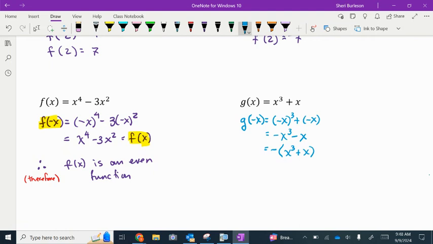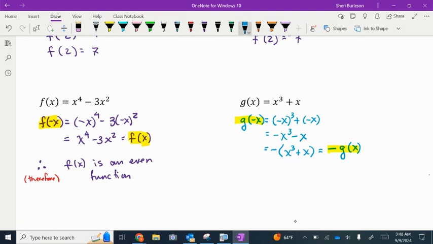What does this look like right here? Was that g of x? So did I get negative of g of x? Do you see that? So did I start with g of the opposite x and end at the negative, or the opposite, of g of x?